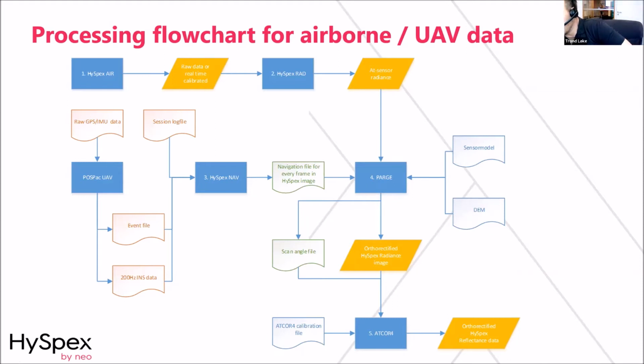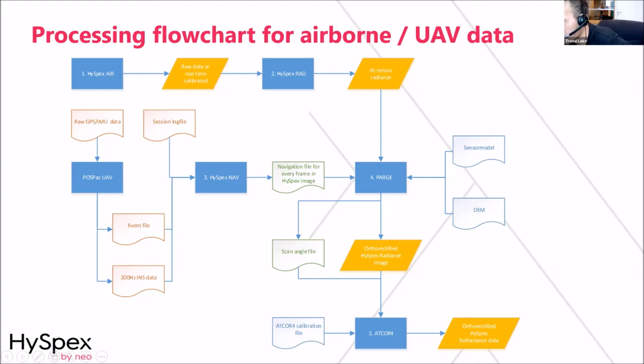This is the processing flowchart for Airborne and UAV data when using Anaplanix. Again, Hyperspex Air acquiring raw data. Hyperspex RAD is using the binary header where all the calibration information is stored to calibrate the image to at-sensor radiance.